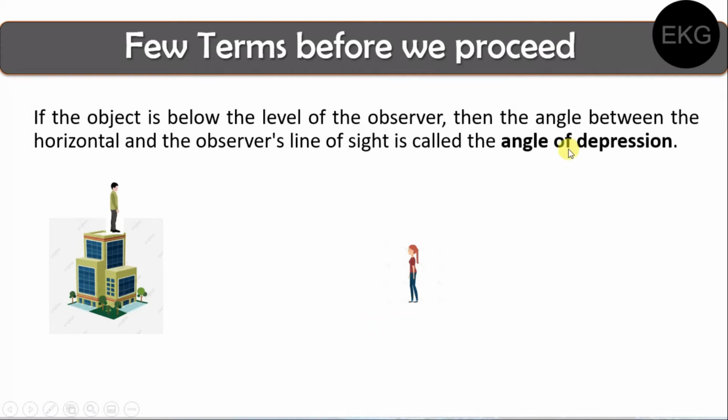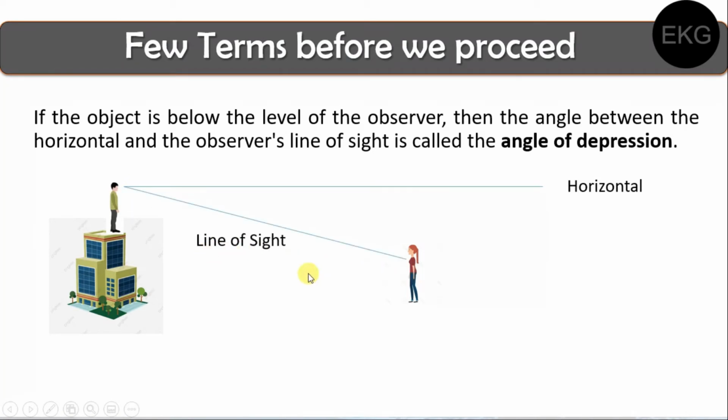Okay? Now, the angle of depression is from the observer, Timmy, to the object, Cynthia, and this is our line of sight. And we connect this to an angle, and this is now our angle of depression, represented by the Greek letter beta. Okay? So, angle of elevation and angle of depression.